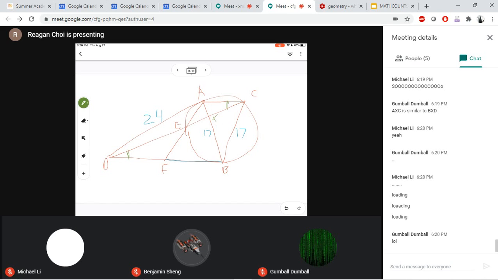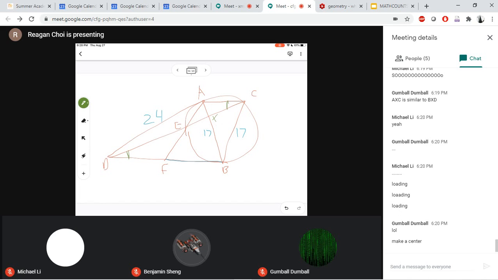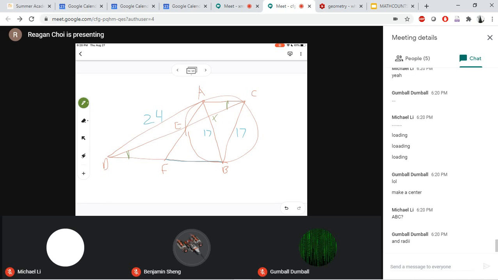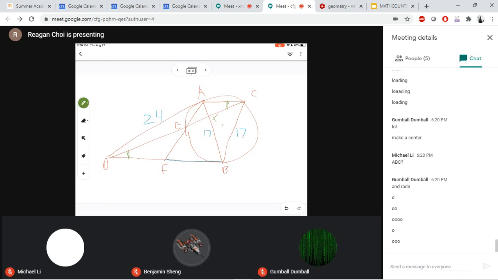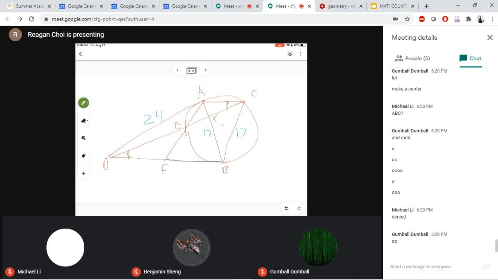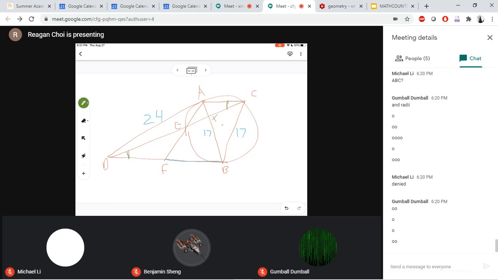Can you use some unusual fact about the circle? Make a center. Why? I don't want to make a center. A, B, C, and radii. I don't want to do that. Yeah, let's not go down the wrong path. It might work, I just don't know if it works.